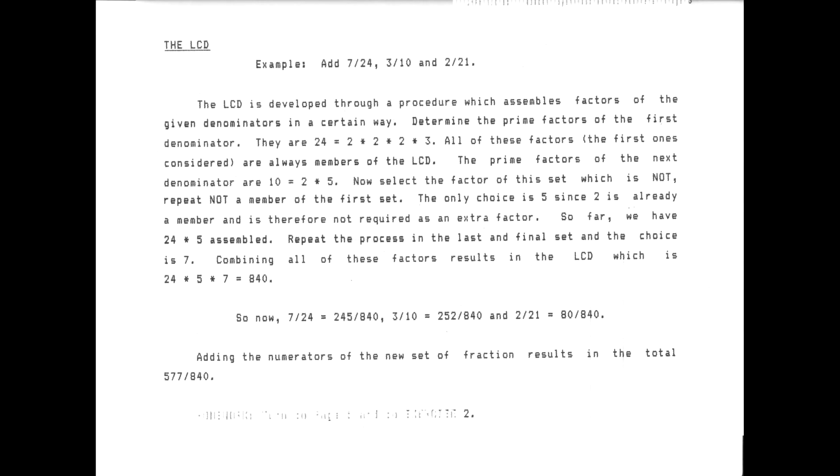So now you have all the three of them, and all of them have the same denominator. 245 over 840 plus 252 over 840 plus 80 over 840, and when you add these together, you end up with 577 over 840. And you have solved the problem of adding the three fractions where the denominators are all different.